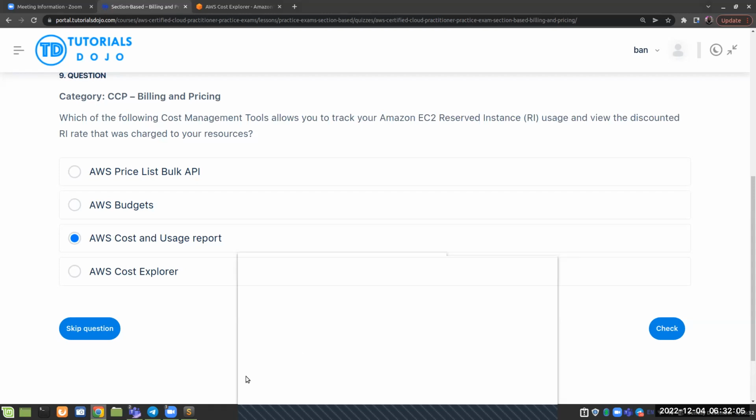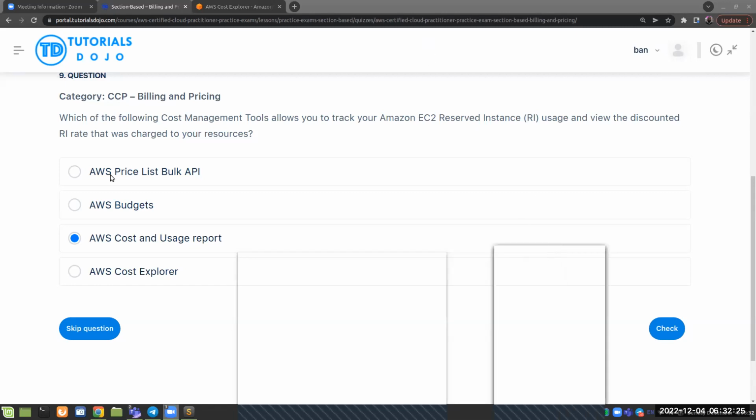Any of you, I see Maureen, you say A, AWS price list bulk API. Any other person has a view? So we have two answers. Let's just say it's Cost Explorer. That's good. We have more views. So let's see which one is going to win.